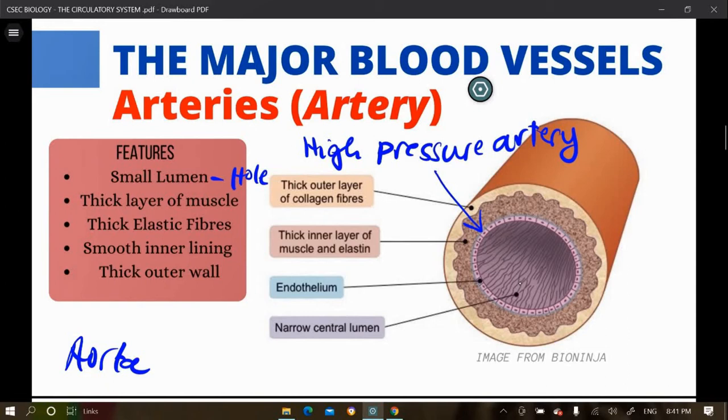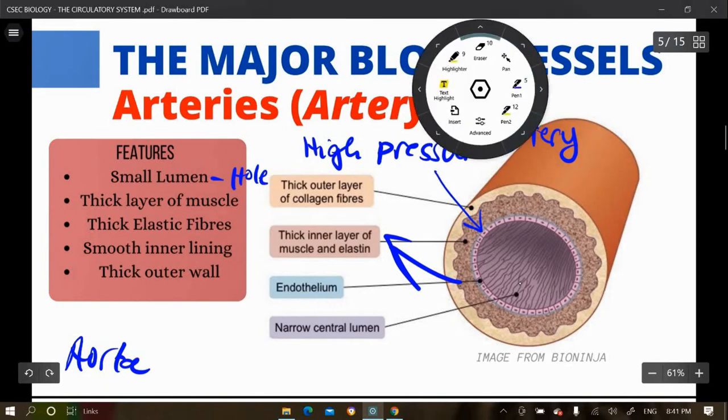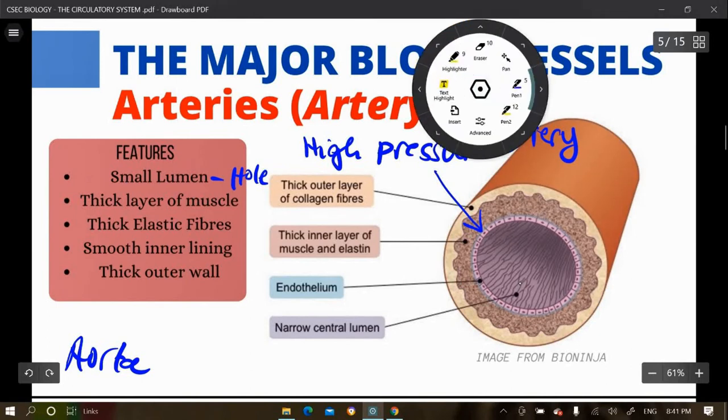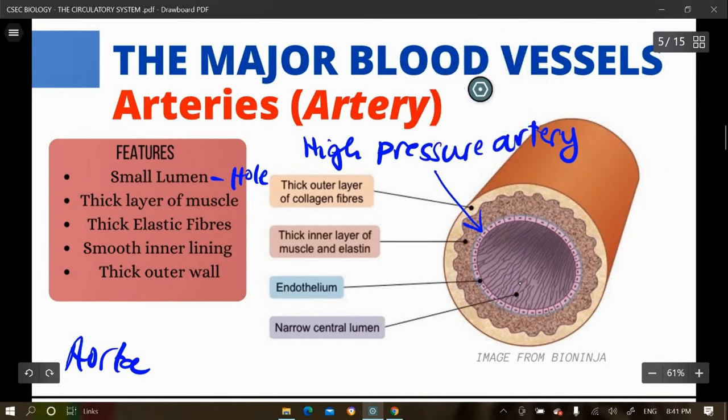Remember, blood is pumped at a high pressure, so it's going to force the walls out and they have to come back in. It has a smooth inner lining, and that lowers friction, so there's not much friction to resist the flow of blood. And the thick outer wall is for the same purpose, to maintain the artery wall so it doesn't rupture when blood is being pumped at high pressure.